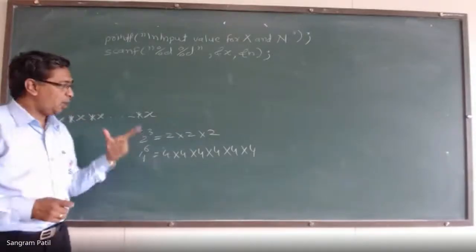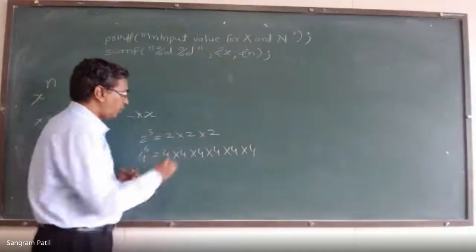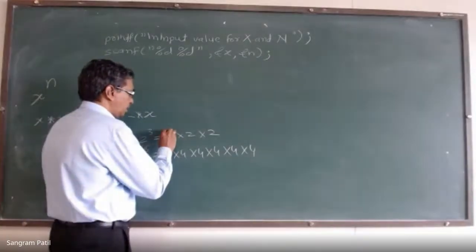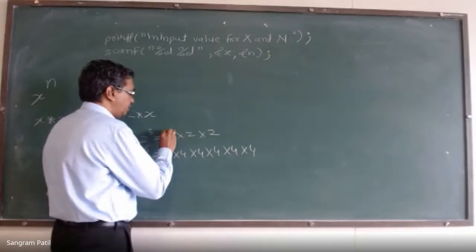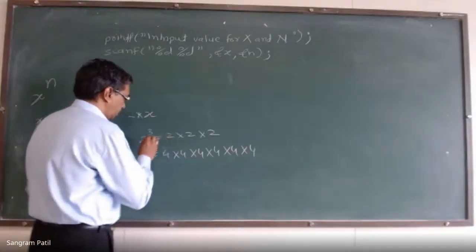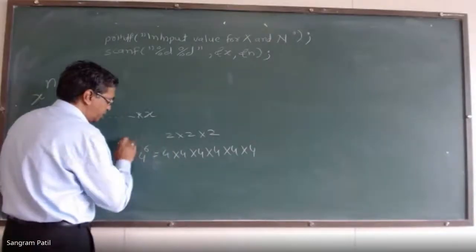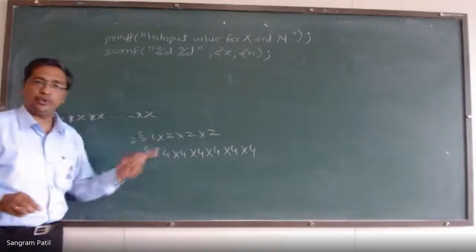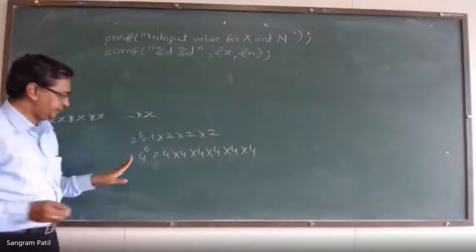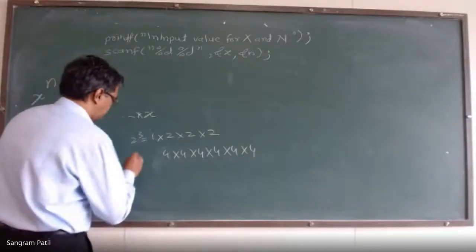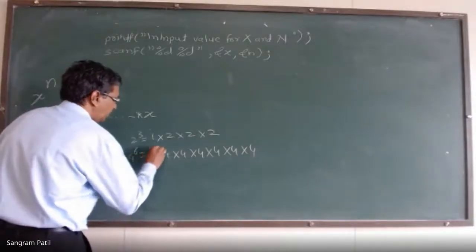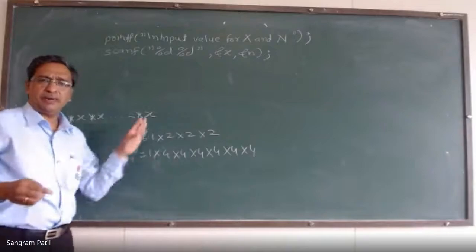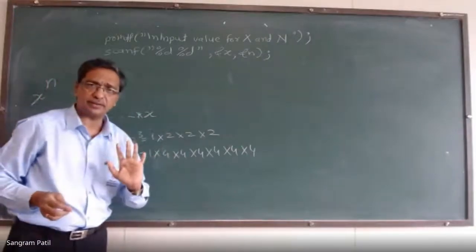Now, how does this get solved? First of all, I will modify this. I will now consider 2 raised to 3 as 1 into 2 into 2 into 2. Like this. 4 raised to 6 is 1 into 4 into 4 and so on, because multiplying anything with 1 doesn't make any difference.